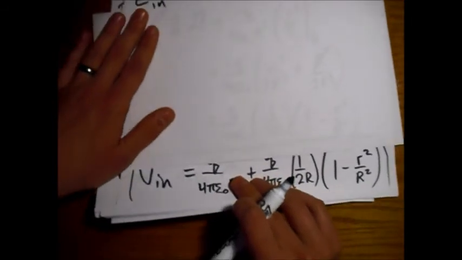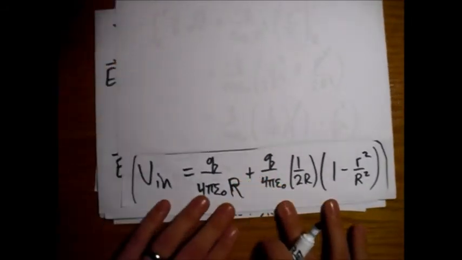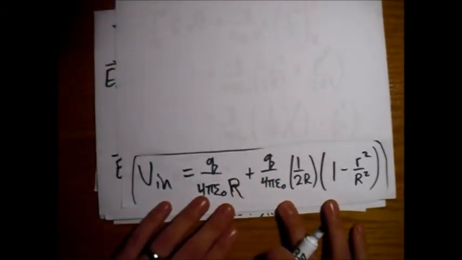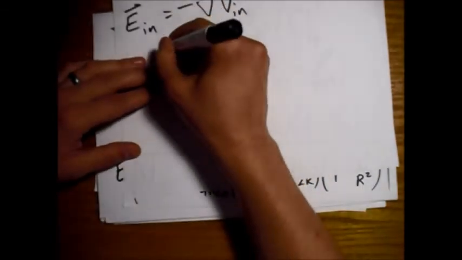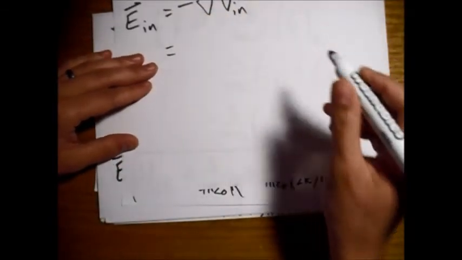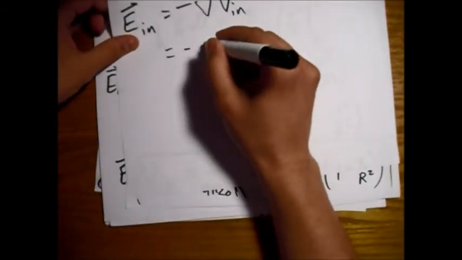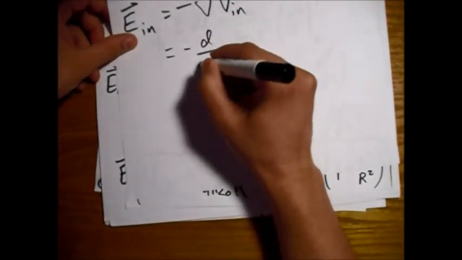Trying to get my papers together. Okay. All right, and again, there's only the r hat component, and it only depends on r, so we can take the full derivative.